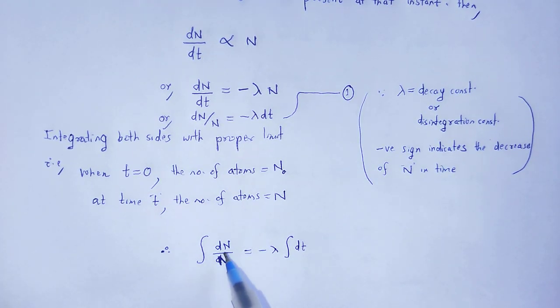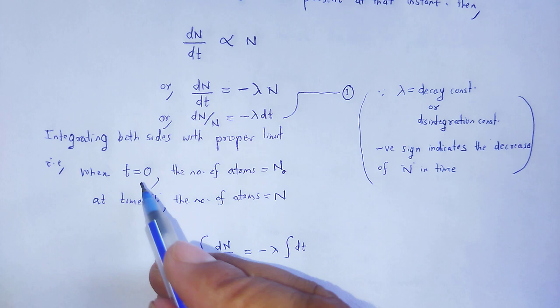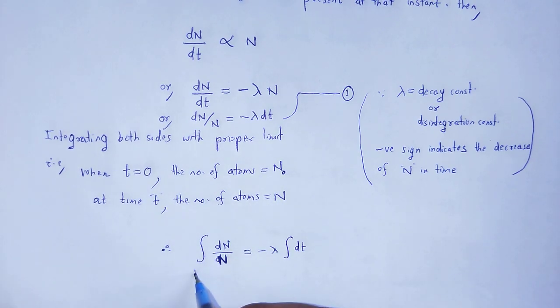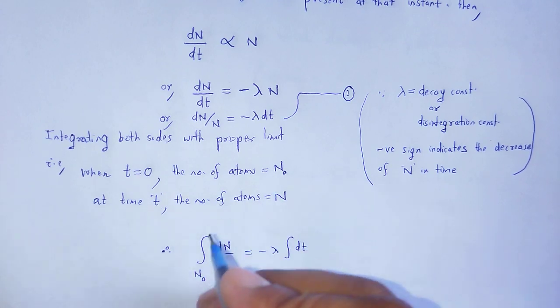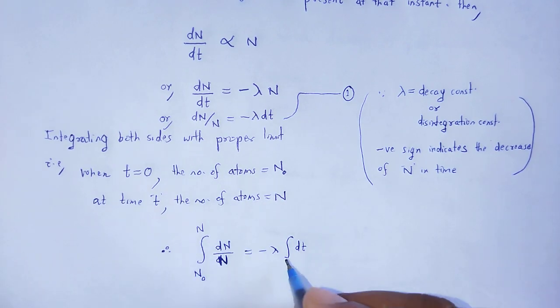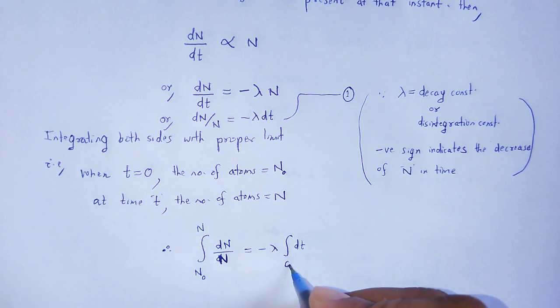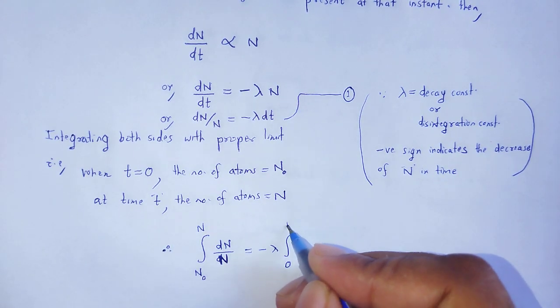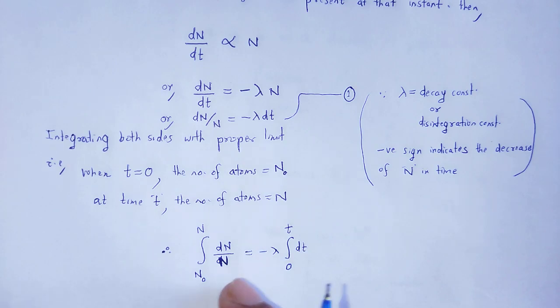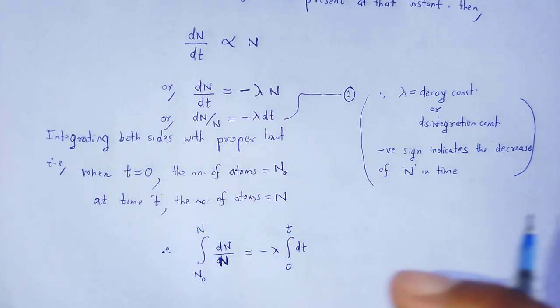Here the limit of N initially, when t is equal to 0, is N0. After time t, the number of atoms is N. Here initially t is 0, after time t, the limits are used in the integration.